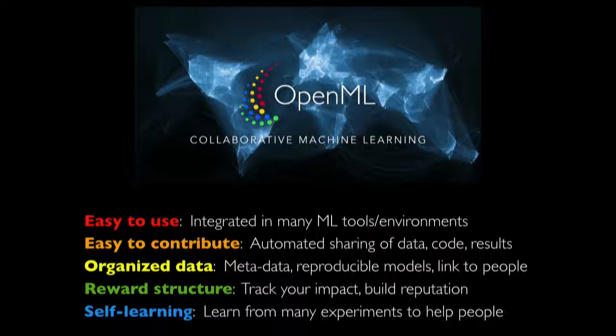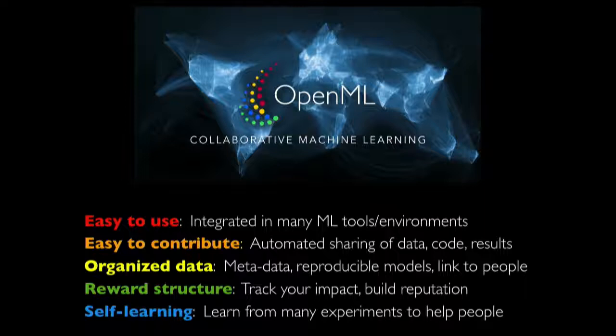Everything is organized, so if you share an experiment on your algorithm, you can immediately compare how well your algorithm performs to anybody else's algorithms, and you can easily search and download other people's results and data. And there's a reward structure, because if you share data or algorithms or models, you can see how often people are reusing your contributions. And that tells you that you're having impact on the field.